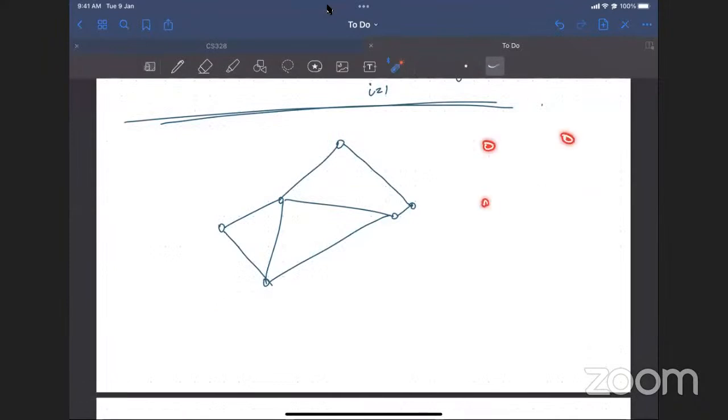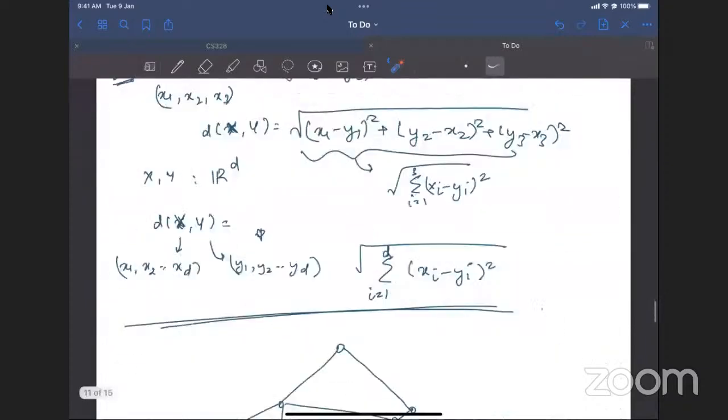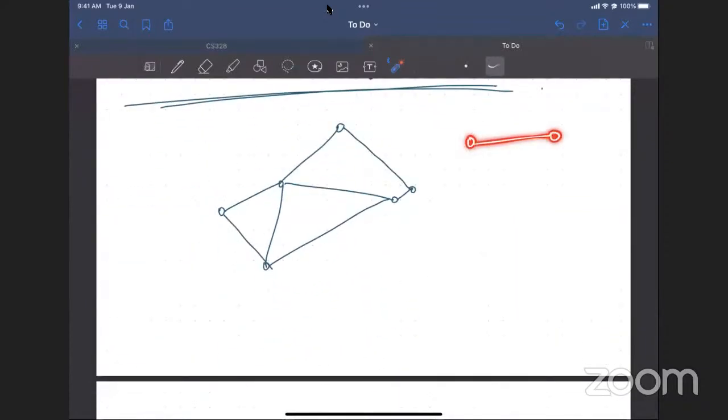And this is because you have the chance to connect every possible pair; there is a rule that you can play as much as you want until you cannot make any move, right? So in the starting, we can connect all of the possible vertices, and this will be an undirected graph, because the weight of the edge from u to v will be the same as the weight of the edge from v to u, and there is no point in using excess space storing this as a directed graph.